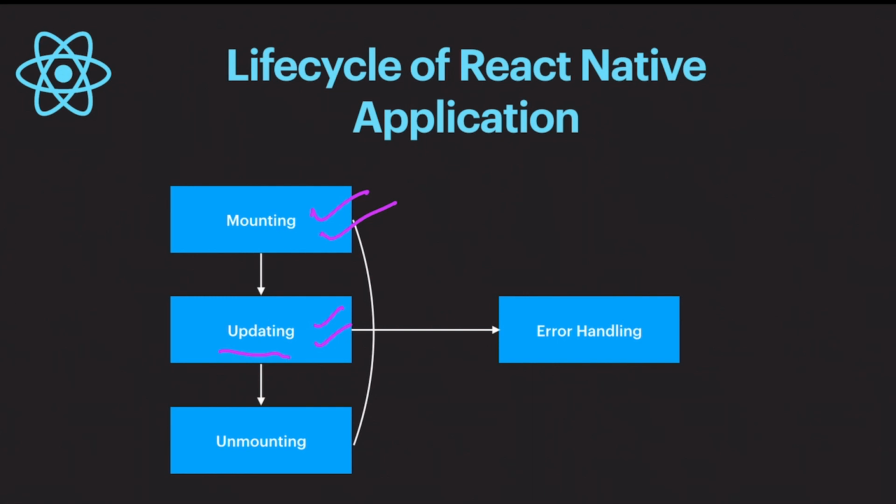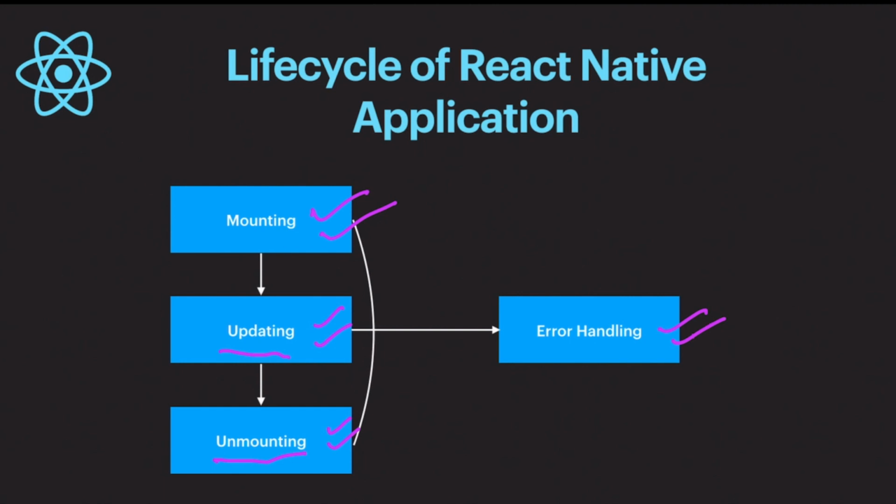The next phase is the unmounting phase. Inside the unmounting phase, the component is removed from the mobile app hierarchy. And the last phase of the lifecycle is the error handling phase. In this phase, we handle all the error related activities of the component.